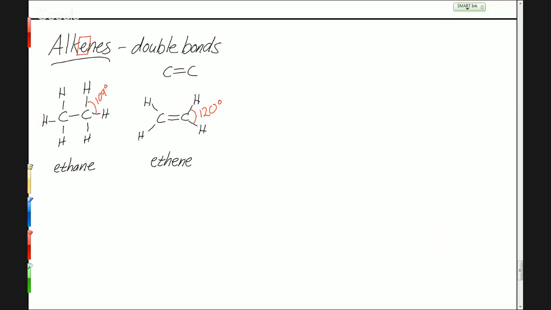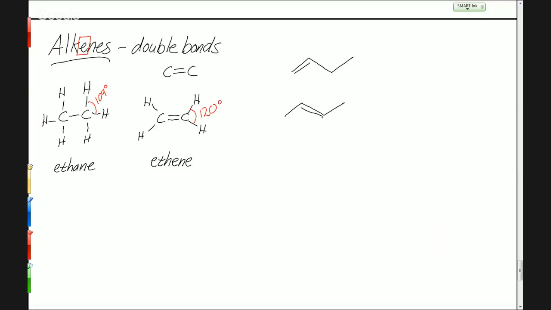So to name alkenes, again, we're going to do the same thing. We're just going to change it from ane to ene. But there are a couple little differences that we have to keep in mind. So let's look at some examples. First off, there can be different alkenes that are not actually the same. So these two molecules, for instance, are both 4 carbons.